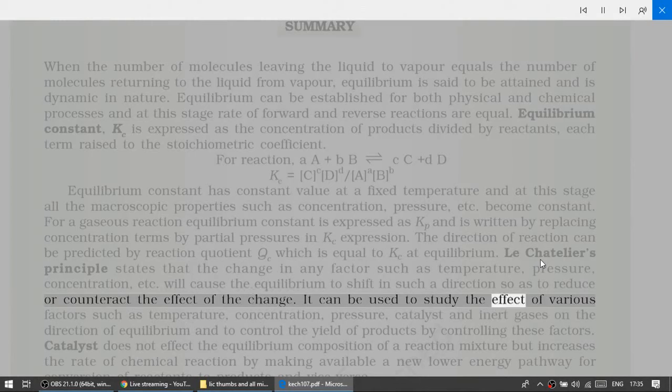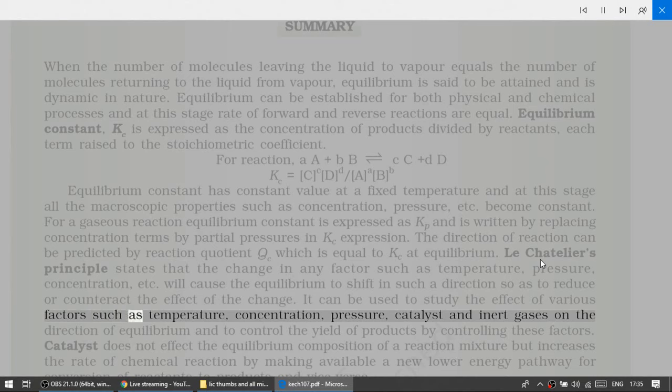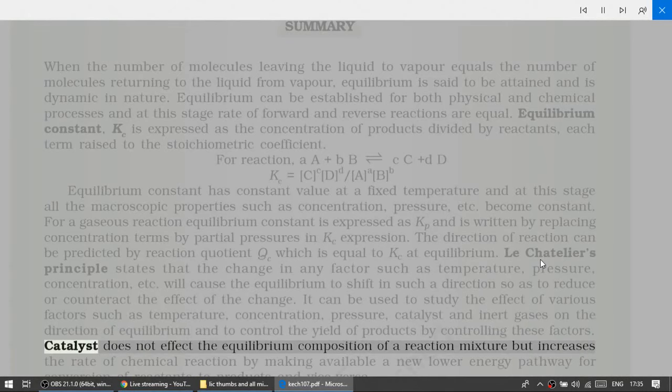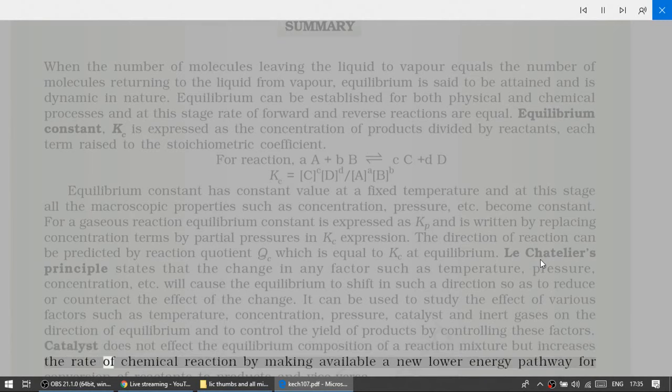It can be used to study the effect of various factors such as temperature, concentration, pressure, catalyst and inert gases on the direction of equilibrium and to control the yield of products by controlling these factors. A catalyst does not affect the equilibrium composition of a reaction mixture but increases the rate of chemical reaction by making available a new lower energy pathway for conversion of reactants to products and vice versa.